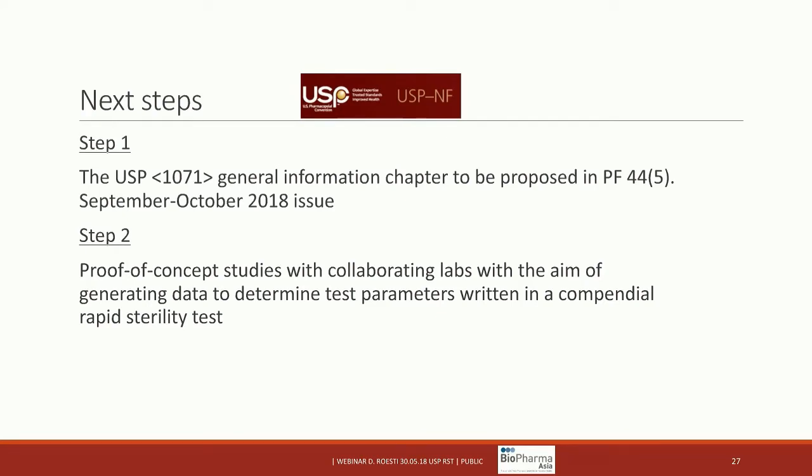So the next steps for this rapid sterility test. The first step is to finalize the draft of the USP 1071 General Information Chapter and propose that this draft is then available for review in the September-October Pharmacopeial Forum edition. Then the second step, and this is going to take much more time, is to make proof of concept studies with different collaborating laboratories.